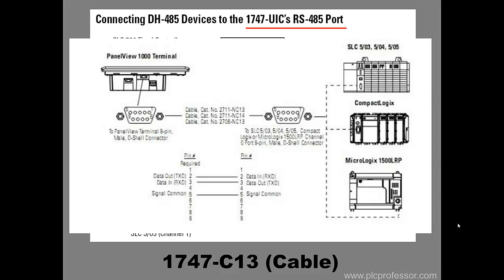Easy to make up. And you see they're calling it catalog number 2711 NC13, NC14, and 2706 NC13. And they show it going to SLC, CompactLogix, and MicroLogix to a PanelView terminal.